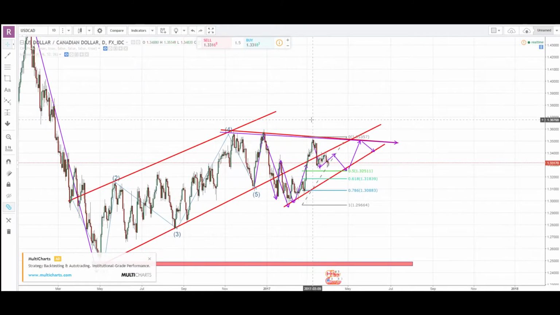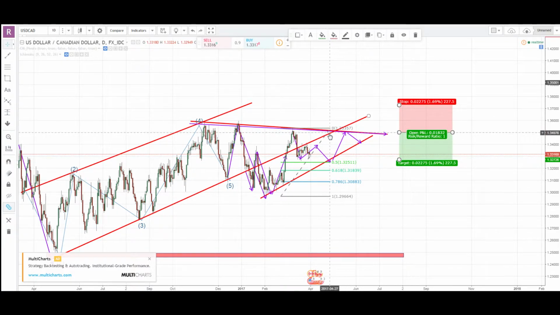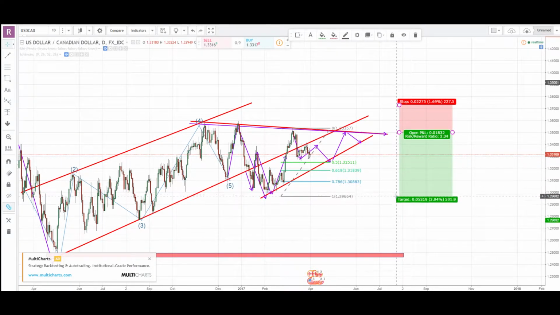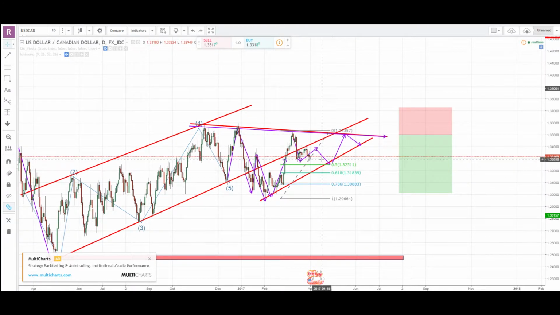So basically my trades will be something like that. Let's say the trade is about half here, still on this purple line. Let's say we get to the other channel because we expect to break it and retest it and go lower.